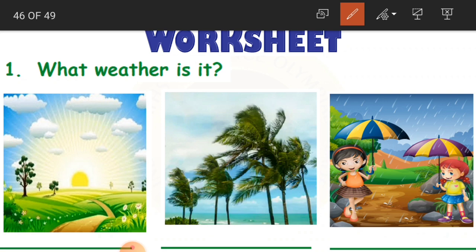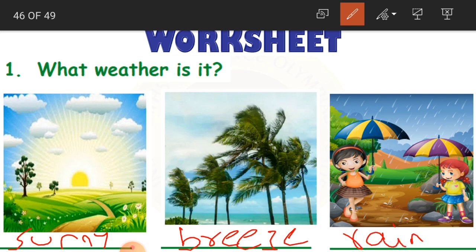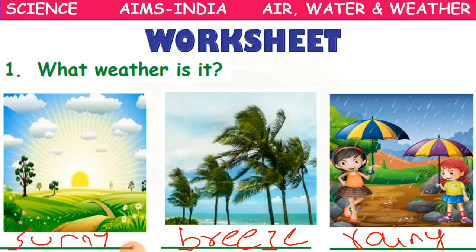The sun is giving light, so this is a sunny day. And here you can see the tree is moving gently because of the wind. A very slow wind, we call it what? Breeze, gentle wind. Here this is a rainy day because you can see the rain and the children are carrying umbrellas. Clear, children?